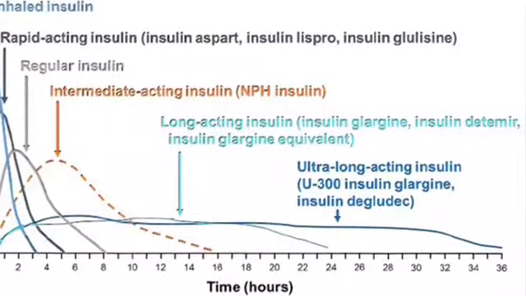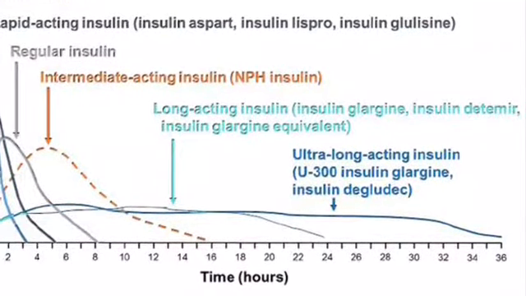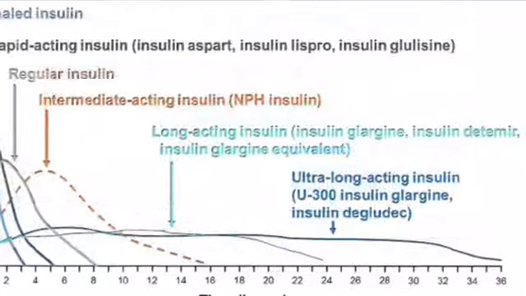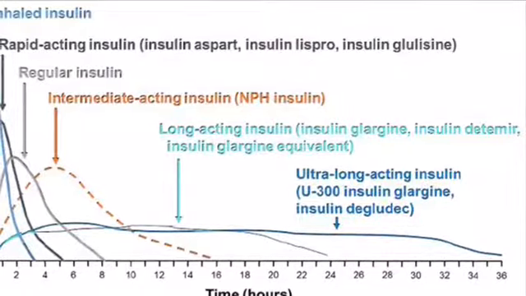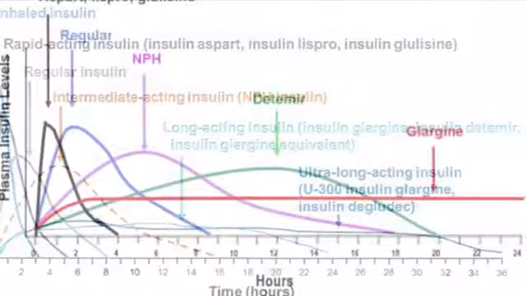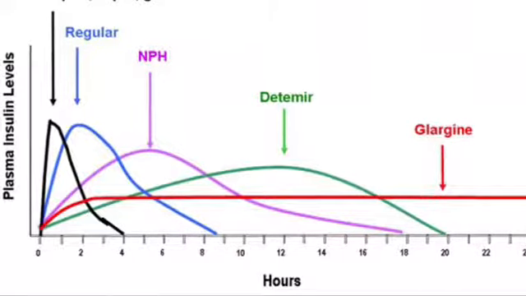Following closely, these pictures present different action profiles for different insulin groups. Looking at the pictures very closely, you see some last longer, more than 24 hours, some within 24 hours, some within 12 hours, and some within 4 hours.